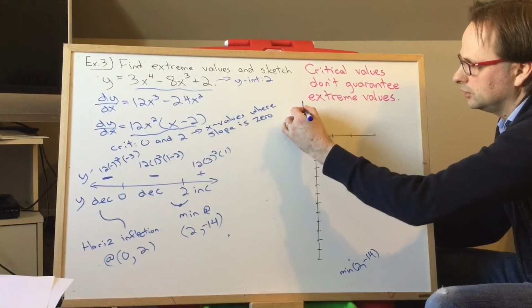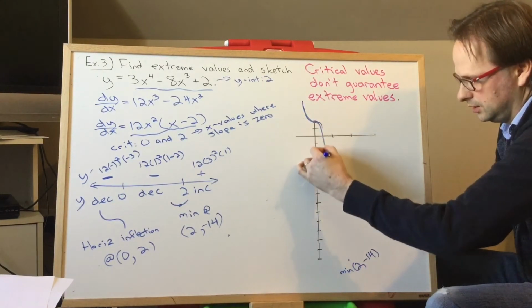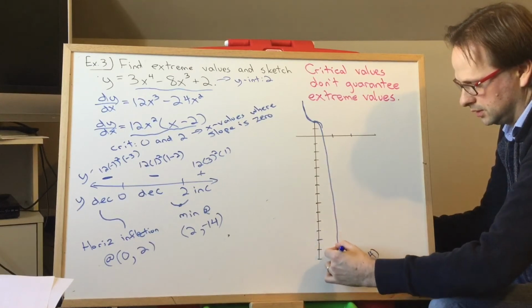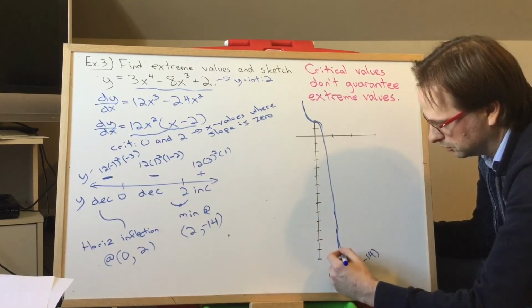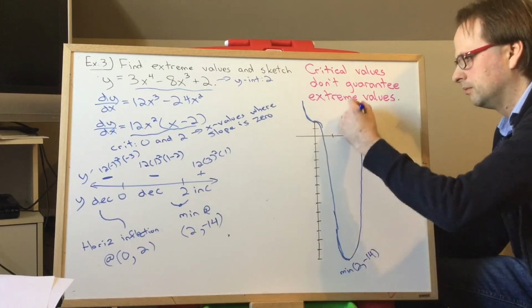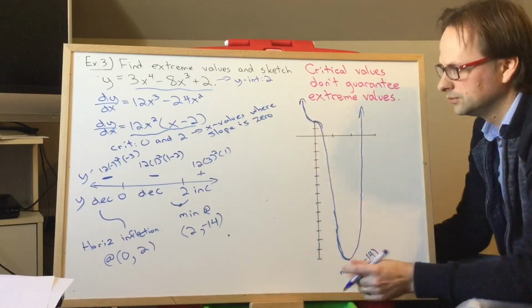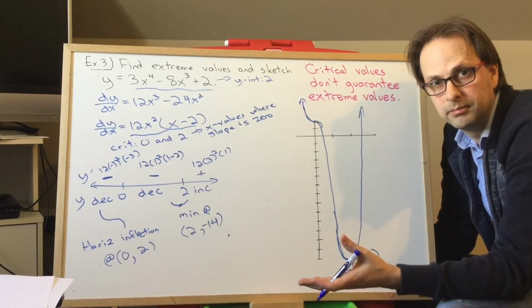So decrease, horizontal for a second, but decrease again, down to this min. I'm trying to do this as smoothly as possible. And then increase forevermore. Let's check it out on Desmos and see if we're correct.